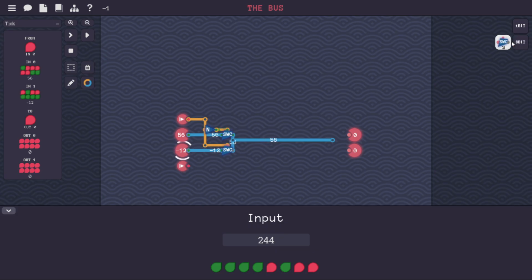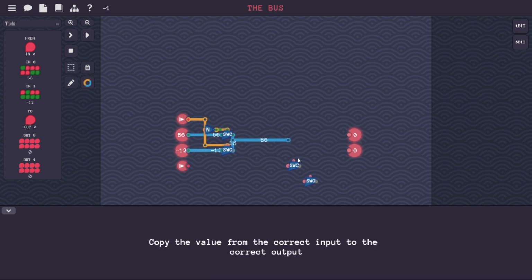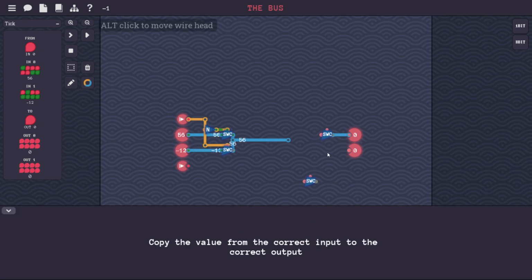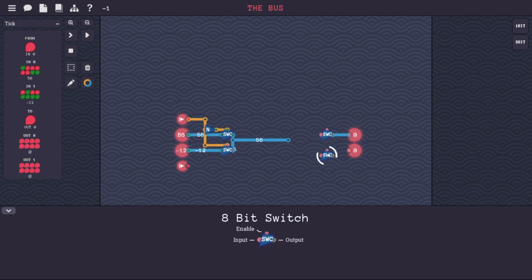Now we have also 2 of these other switches. Let's try reducing this to something smaller, so we can select there. Maybe just use it from here and see how it goes.